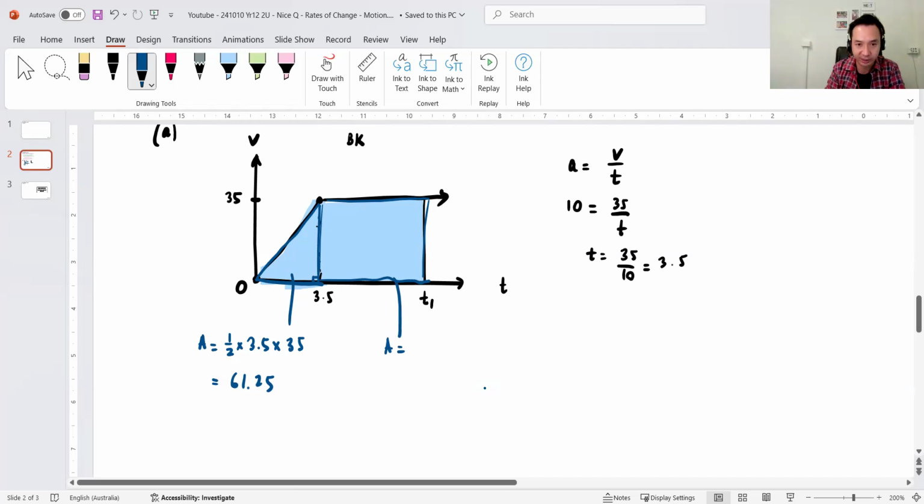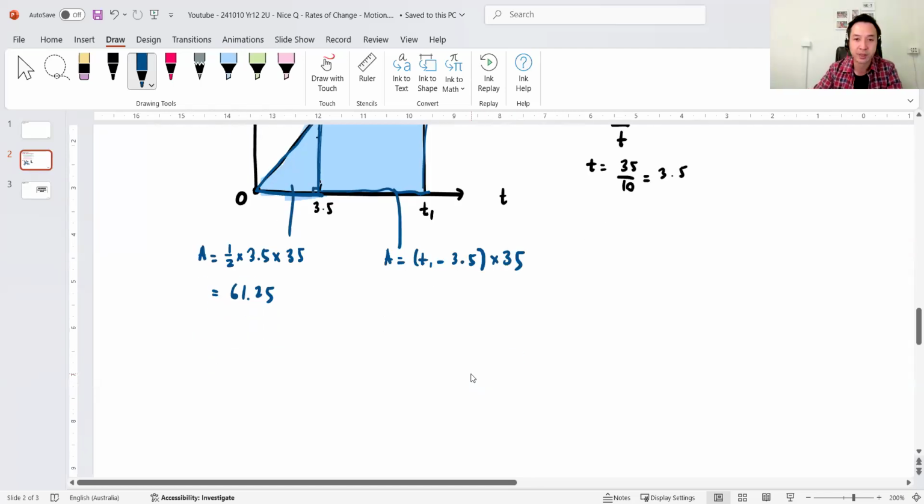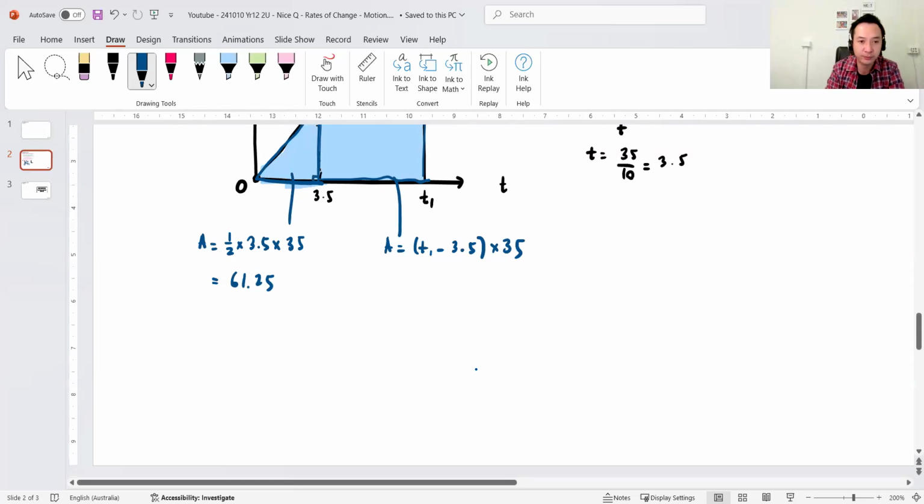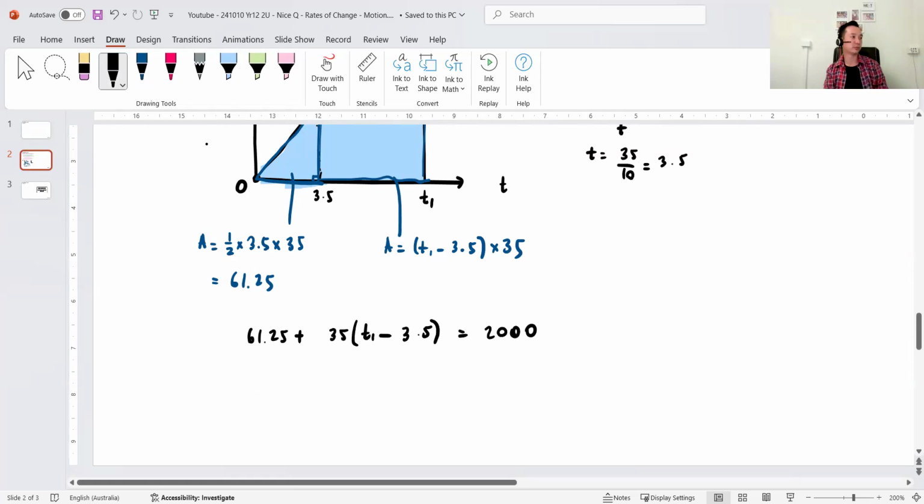This one here is just a rectangle, so it'd be T1 minus 3.5 times 35. Because I know total distance is 2 kilometers, I go 61.25 plus 35 times T1 minus 3.5 equals 2,000 meters.